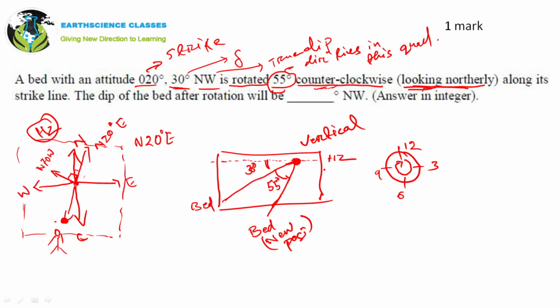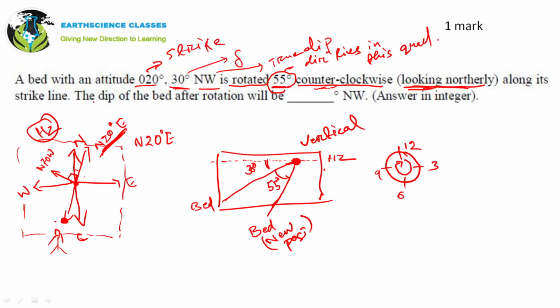You are looking in the vertical surface, looking towards the north end of the strike. That means you are looking along the strike and you are standing at the southern end. Okay, and what you have done, you have rotated it 55 degree anti-clockwise in the vertical surface itself.